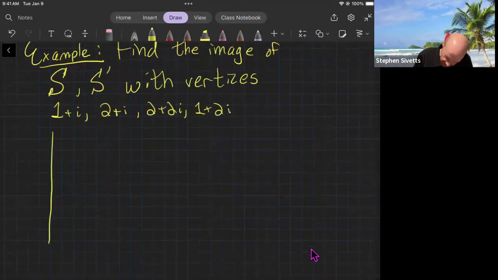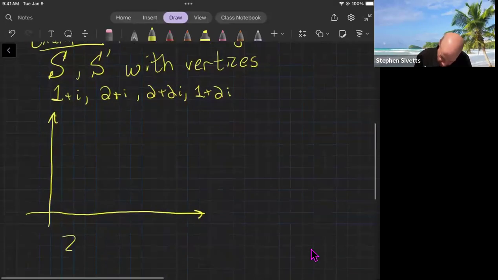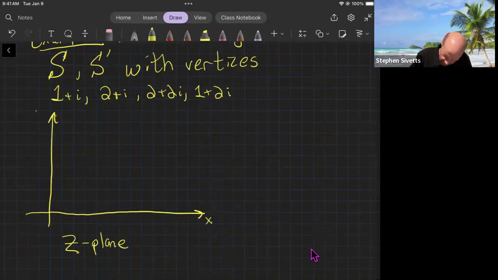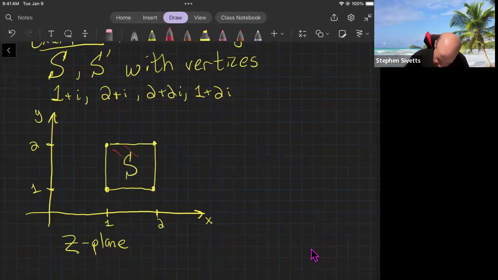So this set will denote the set S in the z-plane. So here's my z-plane. It's x and then y. And so we'll have 1, 2, and let's say 1 and then 2 here. So this will constitute a square. So this is S right here.